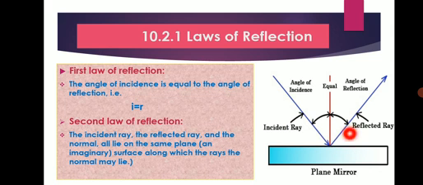None of them will lie in another plane, like downwards or somewhere else on the mirror. If we have drawn it on paper, they all will lie on the same line, not above that line, not below that line. And this will show that the second law of reflection is also satisfied, that the incident ray, reflected ray and normal all lie in the same plane.